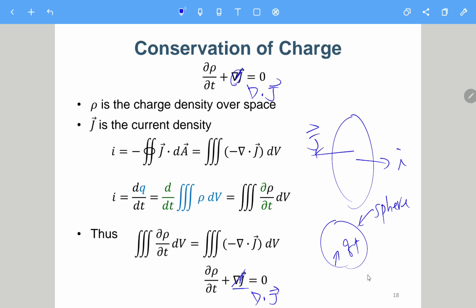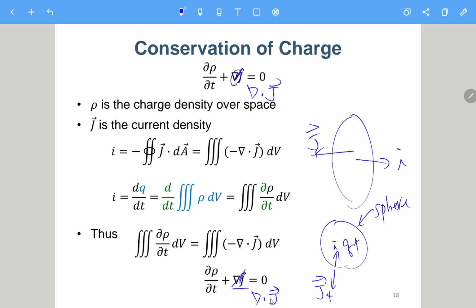But from the flux point of view, if the flux is positive, it is pointing outside. So we should have a negative sign here to match everything. J pointing outside is positive, but I pointing inside is positive if Q needs to increase. So we need to put a negative sign here to make things correct. Okay, so this is the equation of conservation of charge.